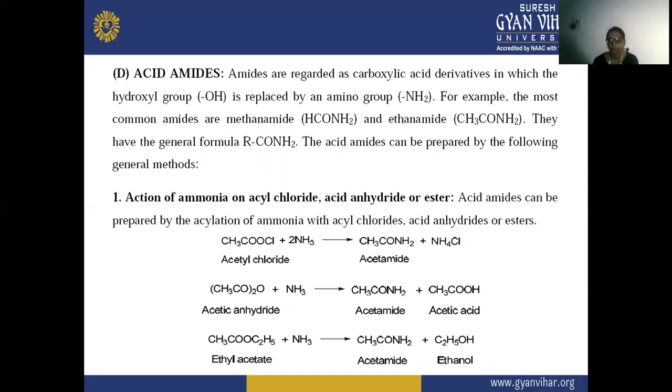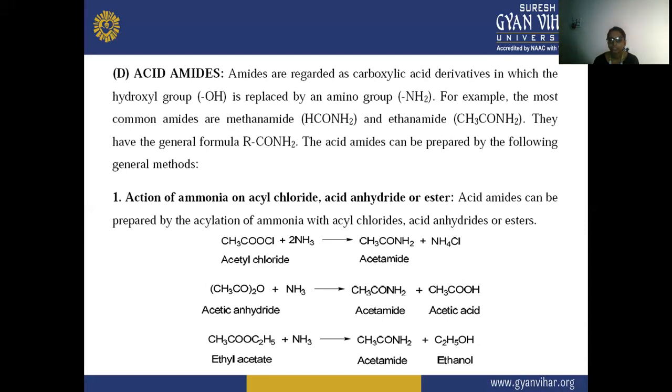So they are prepared by acylation, meaning the ammonia acylation is happening with the acid chloride, acid anhydride, or the ester. The first example is acetyl chloride.